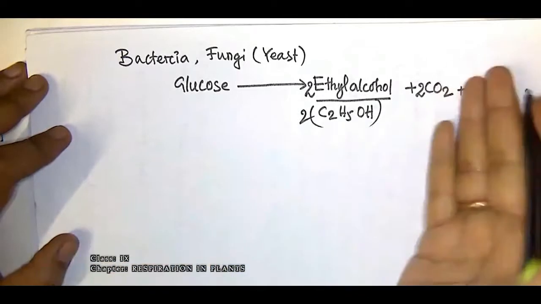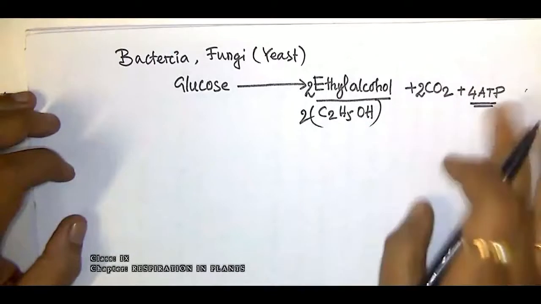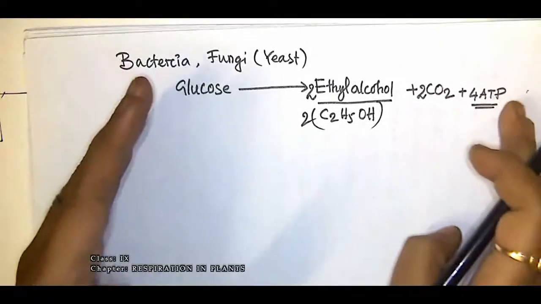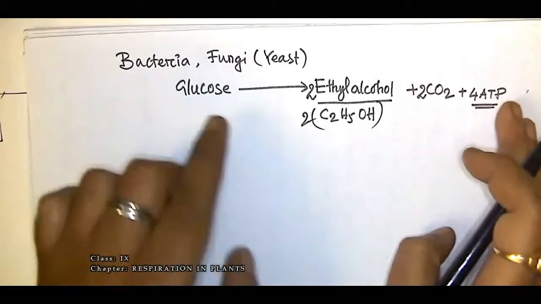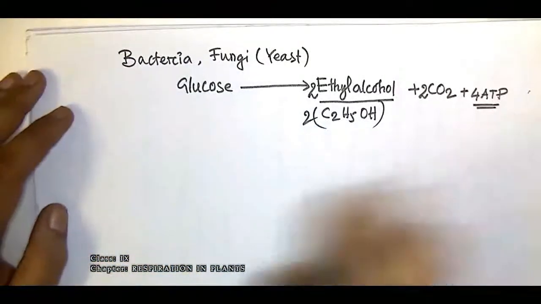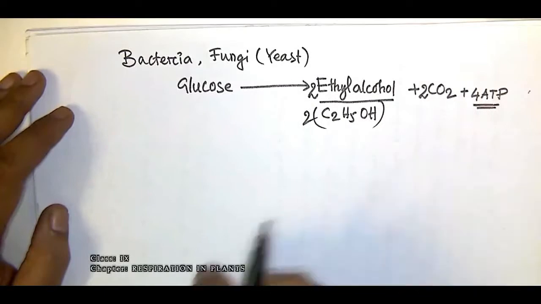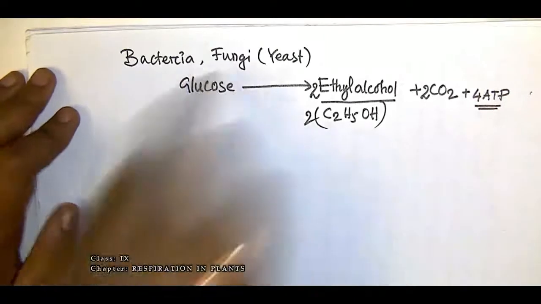So less, right? If it is a very small amount of ATP, then should this be a preferred method for respiration? No. But see, it's a very rapid process of yielding these 4 ATP. So production of these 4 ATP is going to take a very short time, and that is why they opt for this process.